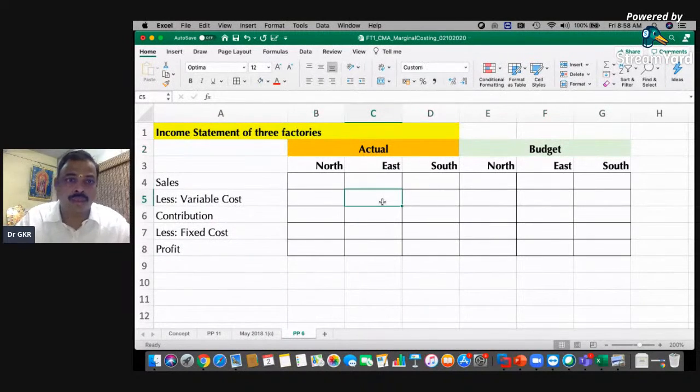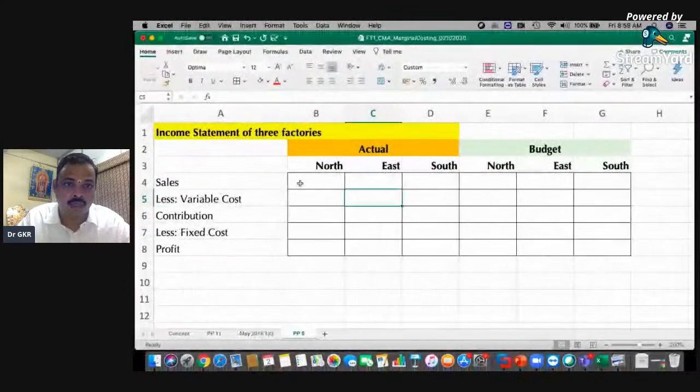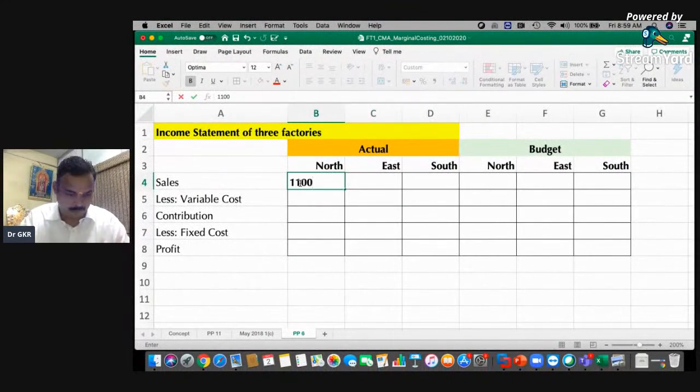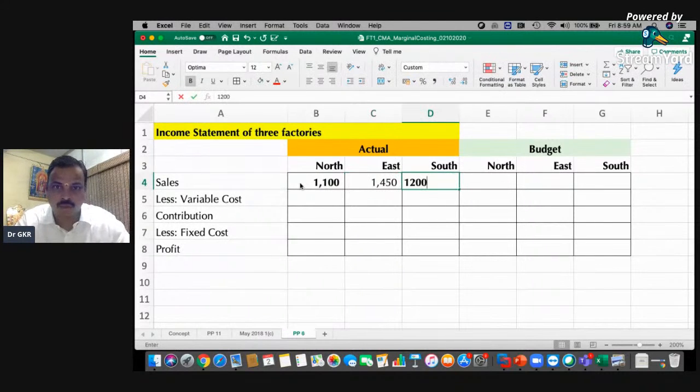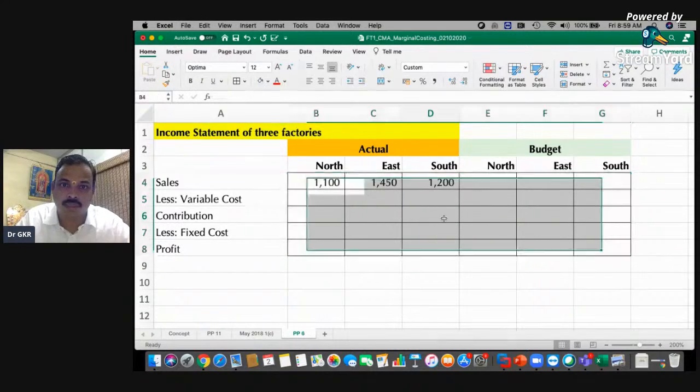Now, what is your actual sales? Actual sales for north is 1,100, for east it is 1,450, and for south it is 1,200. Maybe I'll take this bold color first.